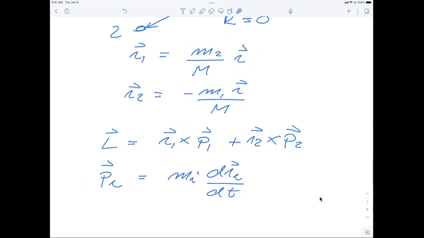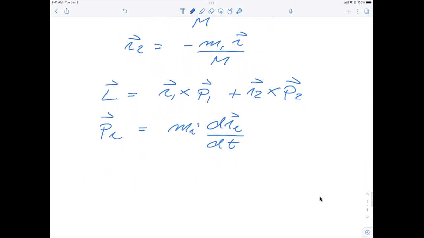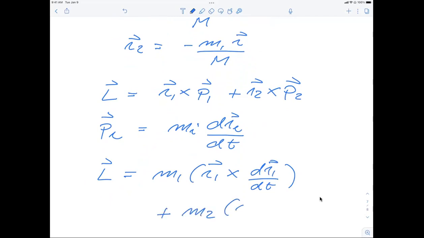So what I get then is that the angular momentum is now given by m1 r1 cross dr1/dt plus m2 r2 cross dr2/dt. So these are cross products.